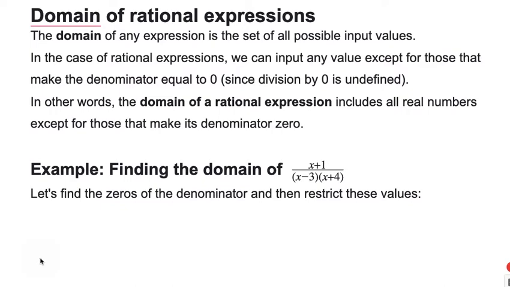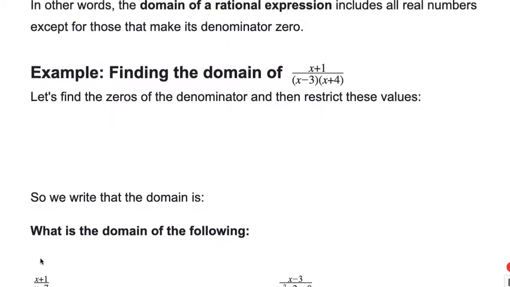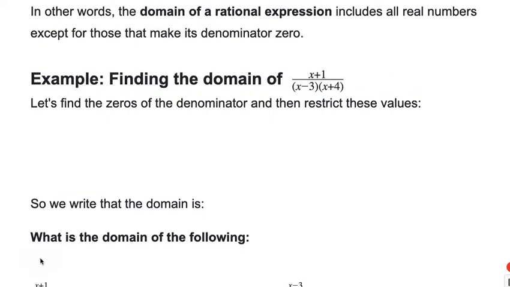Okay, so here's another example for us. Let's find the domain of x plus 1 over x minus 3 times x plus 4. Well, we can find the zeros of the denominator.